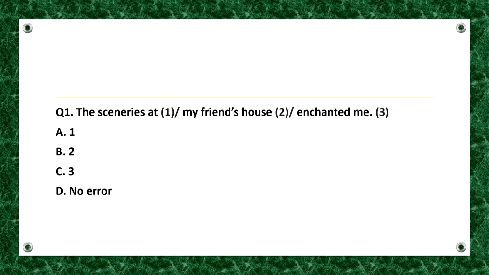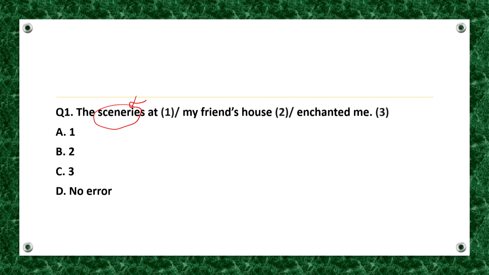So is it done? Let's discuss. Let me first read out the sentence given. The sceneries at my friend's house enchanted me. So the error lies in part 1 of the sentence. Basically, sceneries is wrong. Some nouns do not take plural form. They are uncountable.